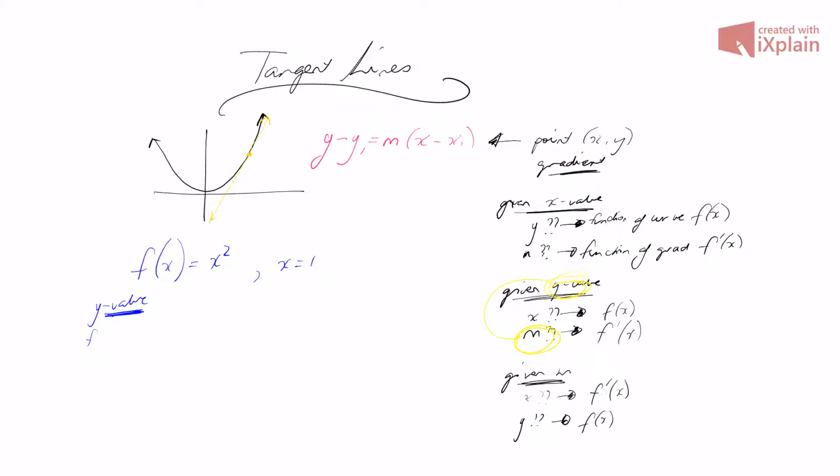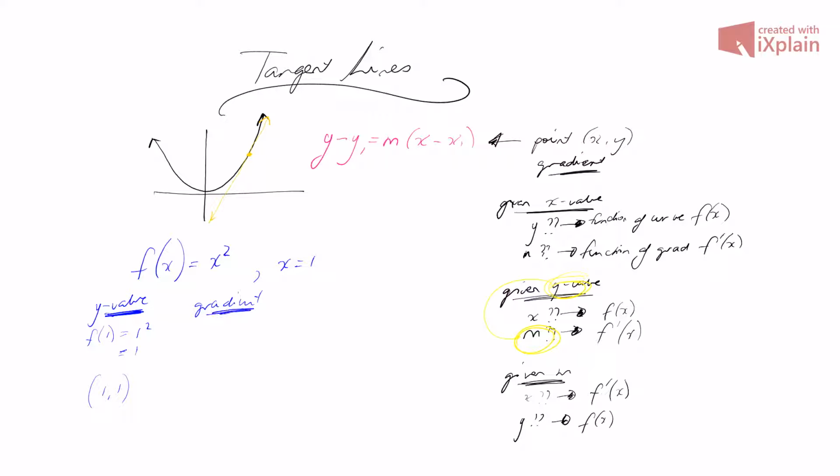That means we're going to be using the function. So you substitute your x value in, and the y value is going to equal 1 in this case. So we have the point (1, 1). Cool. The next thing we're going to do is find the gradient.